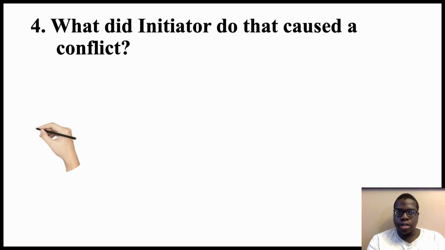Read the question. Question 4. What did Anisha do that caused a conflict? Think back to the snippet. Remember the answers for the first 3 questions. Now reread those questions and answers to help see what is connecting them together. Initiator hit and took the girl's tablet.